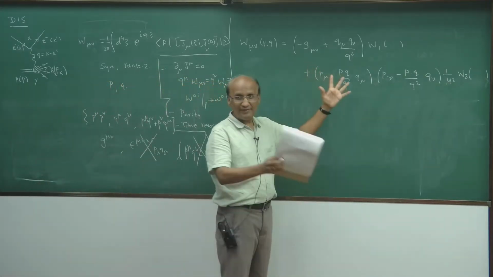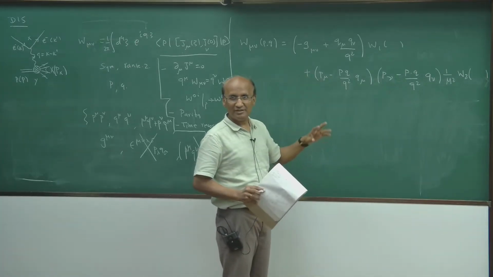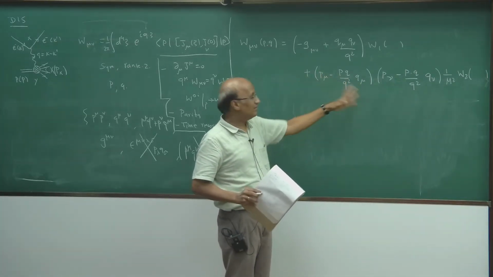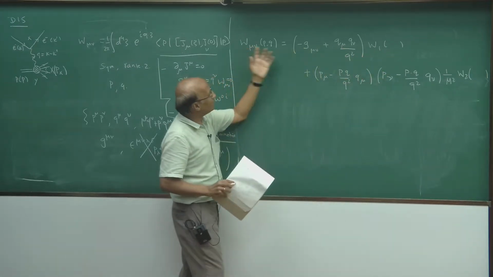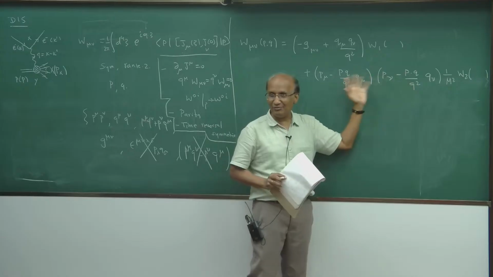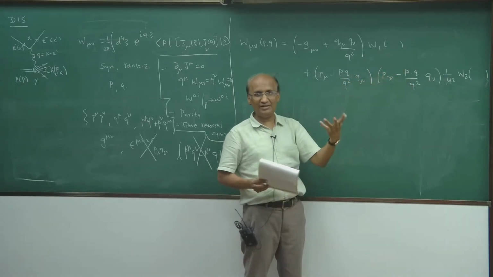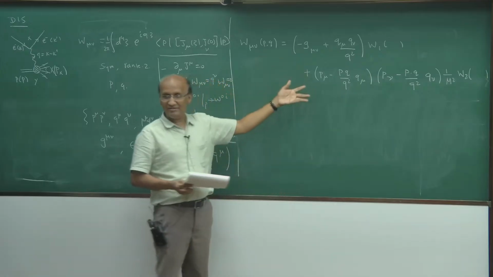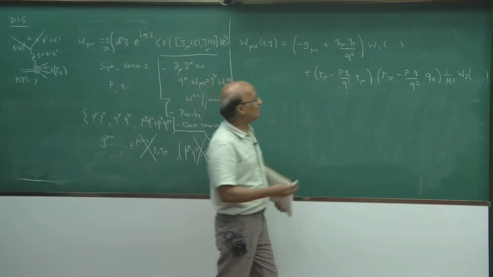So this is very straightforward actually. Anybody who knows how to do tensor decomposition, with the vectors available in the theory, will be able to construct this. And because it's a rank 2 tensor, I have already taken care of this rank 2 nature. The remaining unknown coefficients will be functions of invariants. The invariants are only p square, q square, and p dot q, right?